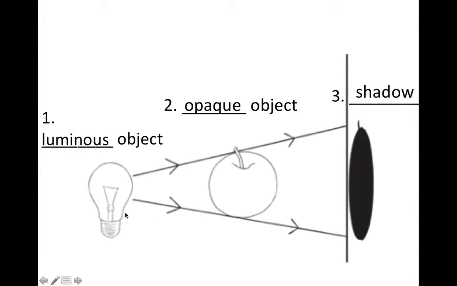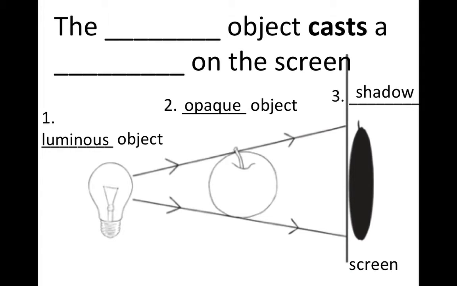We need the light and the opaque object to make a shadow. The shadow is on what we call a screen. So, the opaque object casts a shadow on the screen.